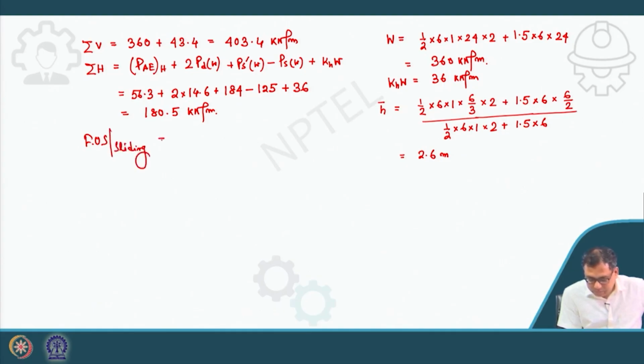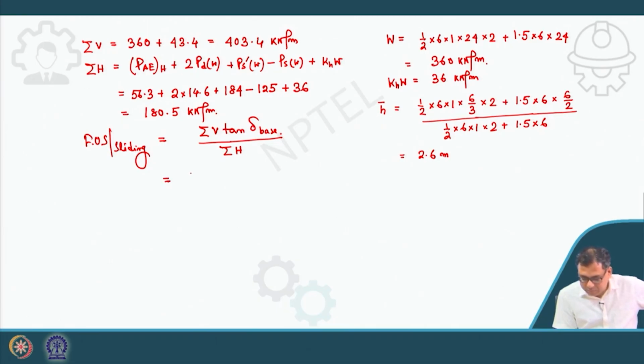So my factor of safety for sliding for this retaining wall is the summation of V into tan delta, the base delta, not the field, divided by the summation of total horizontal forces.